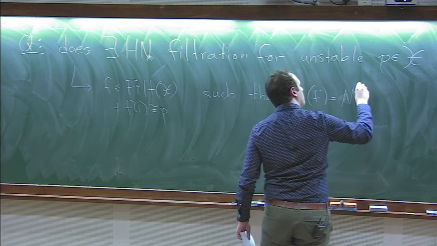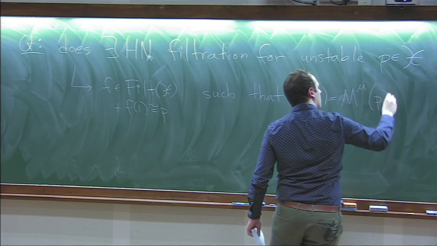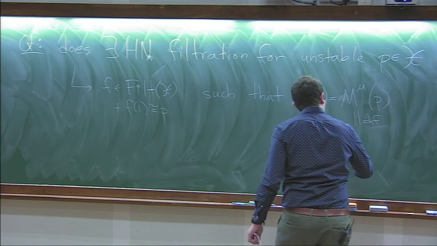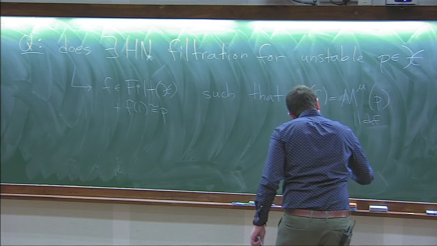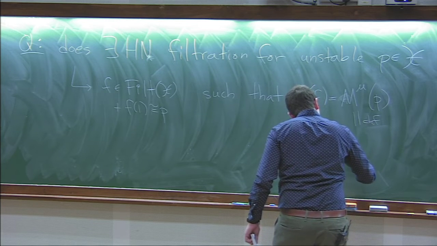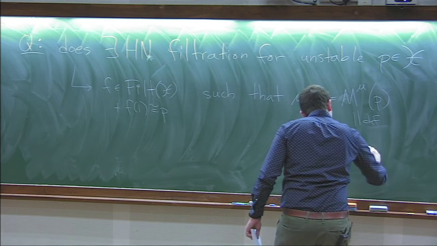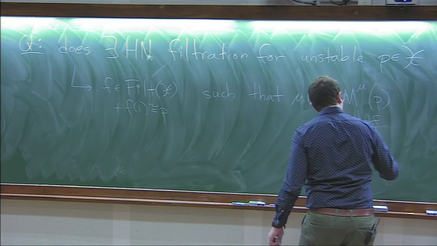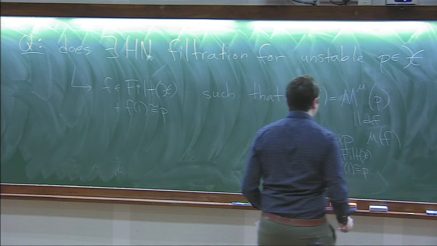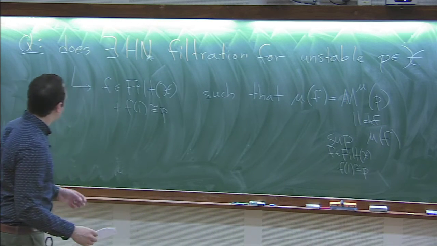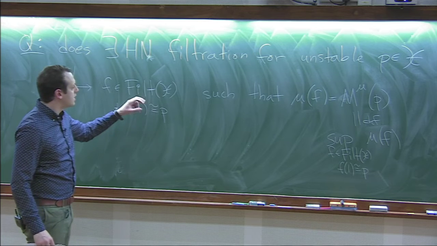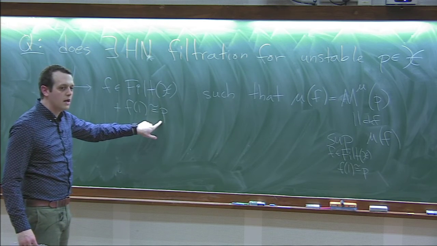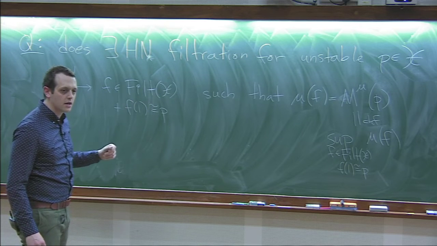I'll call this function M mu of P, which I define to be equal to the sup over all filtrations of mu of F. So in words, a Harder-Narasimhan filtration would be a filtration which maximizes this numerical invariant among all possible filtrations of this object.